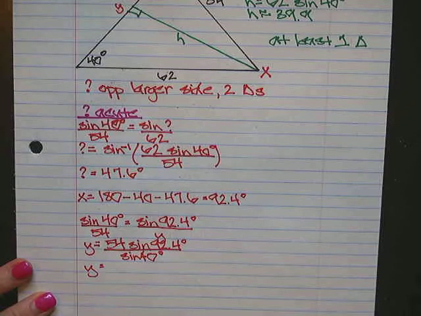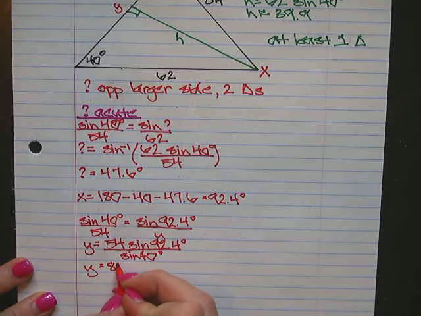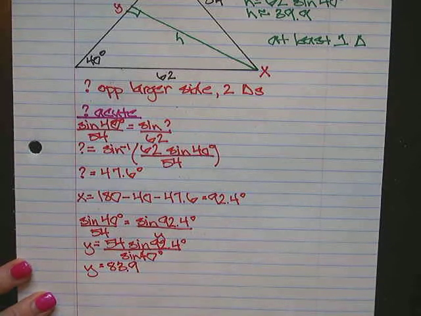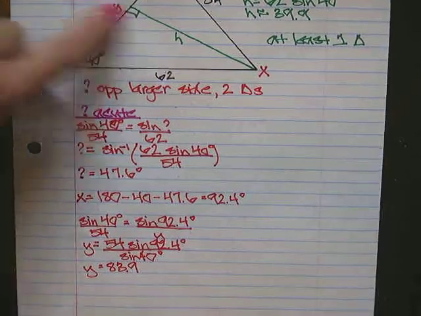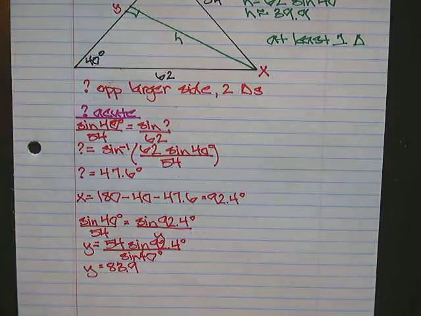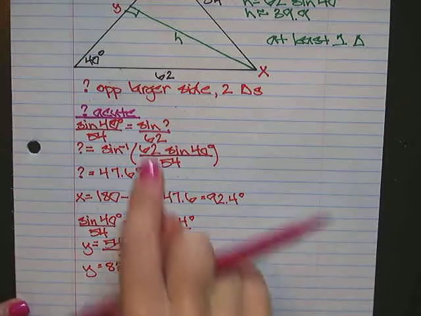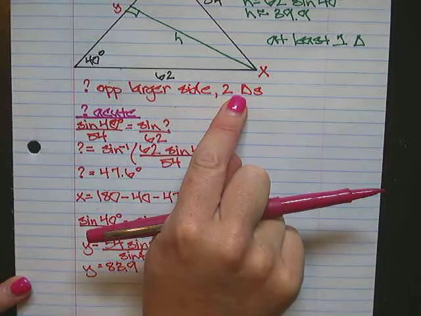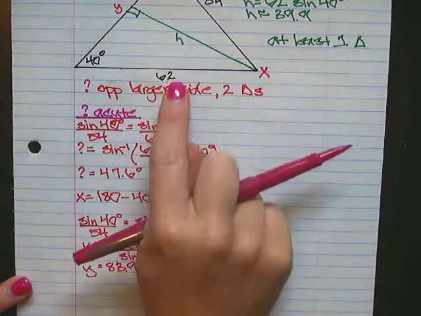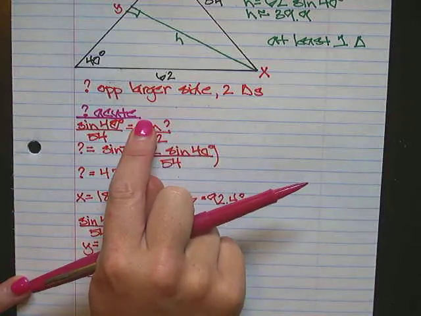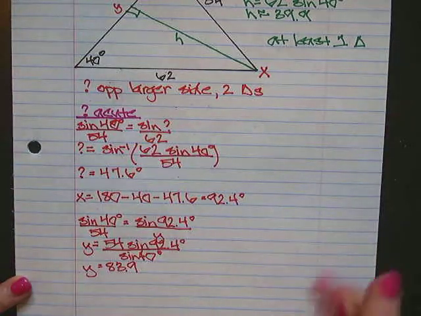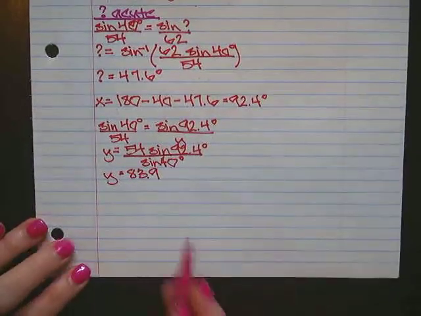Once we cross multiply and solve, y is 54 sine 92.4 over the sine of 40, which is 83.9. That makes sense again, since y is the longest side because x is the largest angle.